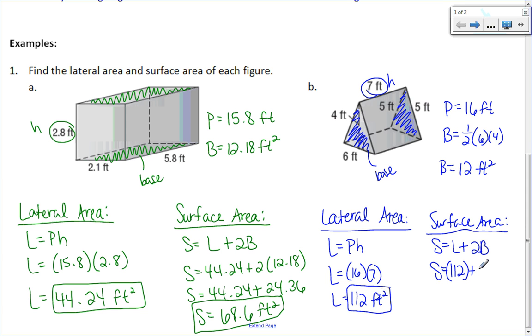And then plus 2 times the area of the base, which we found was 12. Okay, so we have 112 plus 2 times 12, which is 24. And when we add those together, we get a total surface area of 136 square feet.